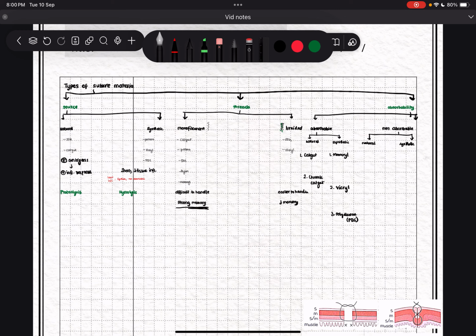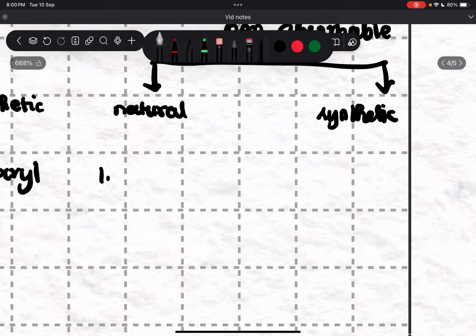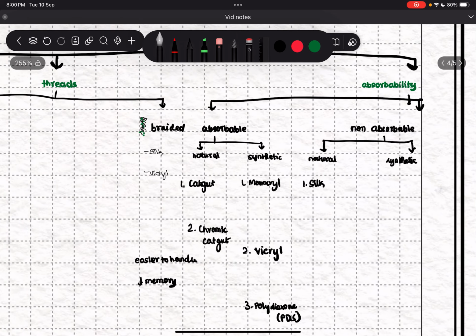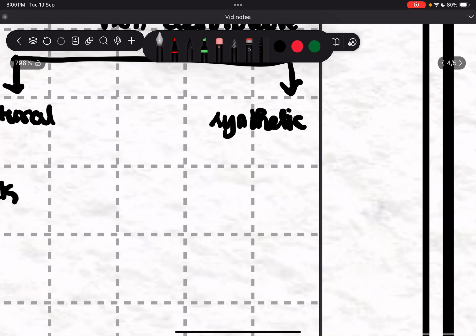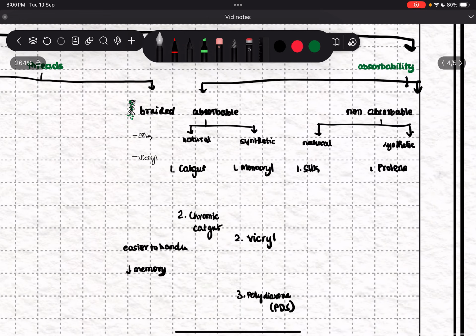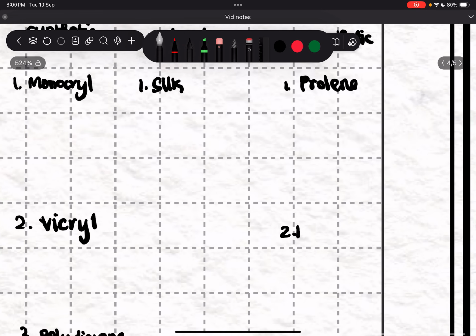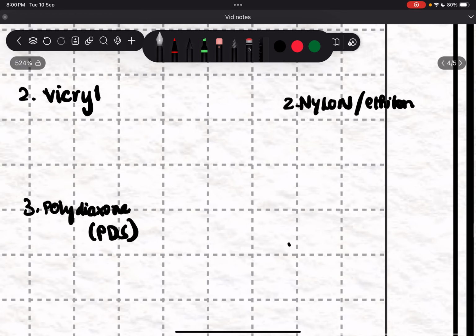Natural non-absorbable sutures are silk. Synthetic non-absorbable sutures are proline, nylon, or ethylon. Then we have got steel, which I had just mentioned earlier.